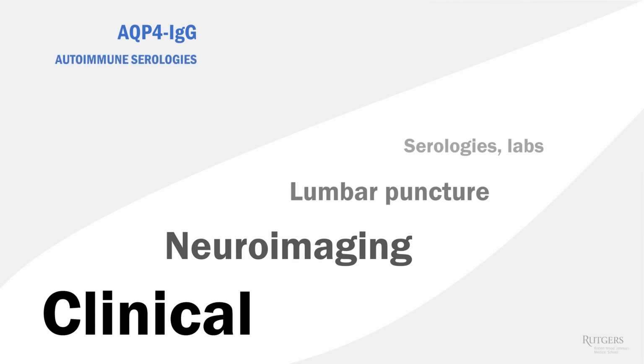So autoimmune serologies can help you identify systemic disease. We are talking about tests like erythrocyte sedimentation ratio, ESR, C-reactive protein, CRP, anti-nuclear antibodies, ANA, anti-neutrophil antibodies, ANCA, thyroid antibodies, double-stranded DNA antibodies, Sjogren's antibodies, SSA and SSB, etc.